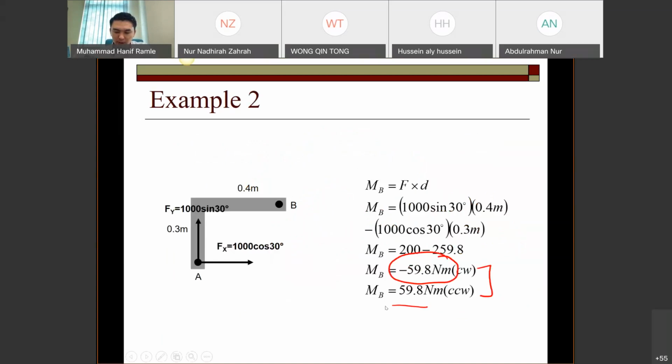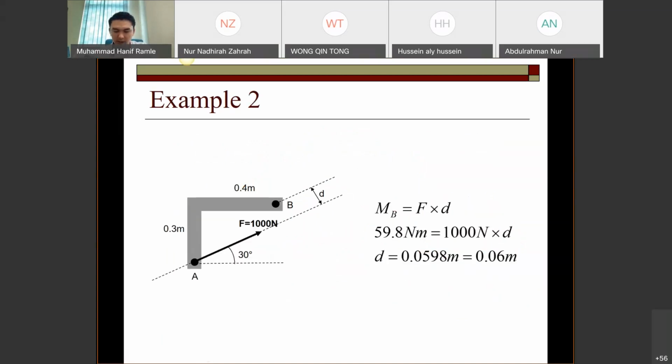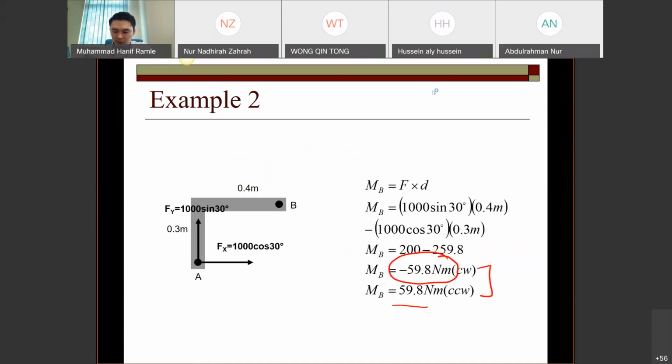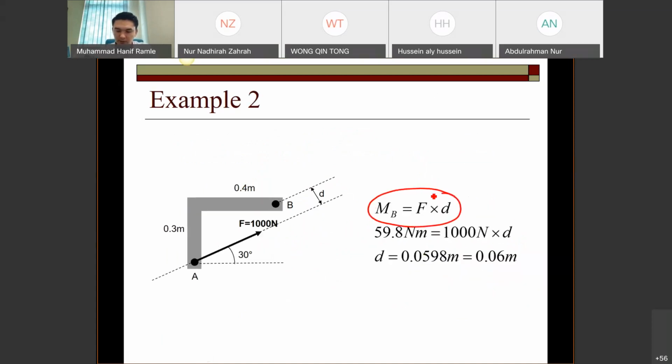So straight away you will have to use the definition. This is the thing that you will use. You already calculated the moment previously, and then we do have force, and then we have to calculate D. So put the known values into the equation, then you will get straight away the perpendicular distance.